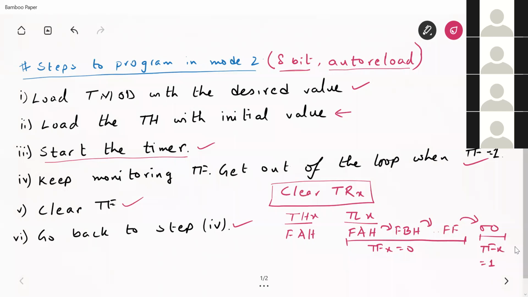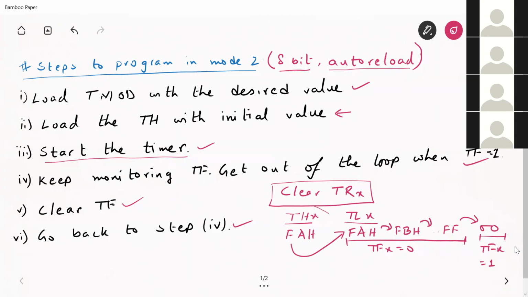We know this thing, right? Do we know this thing? Yes, sir. Okay. So once it becomes 0, that means your TF becomes 1. Then you go out of the loop, and the moment your TL gets 00 and TF is equal to 1, your TL once again gets this value from TH.